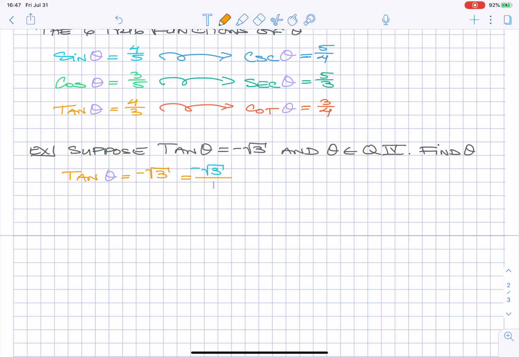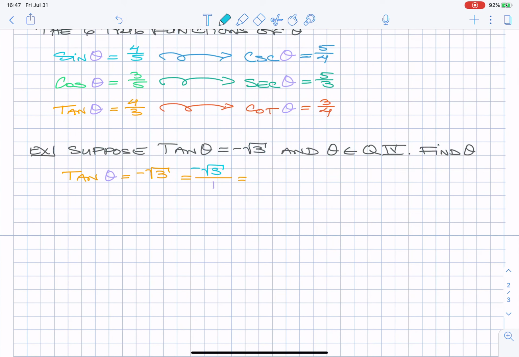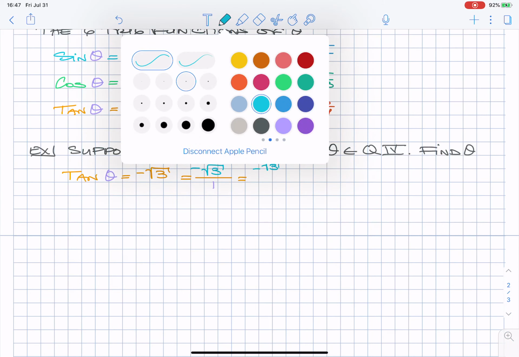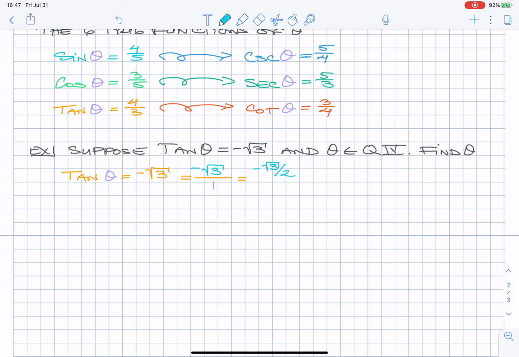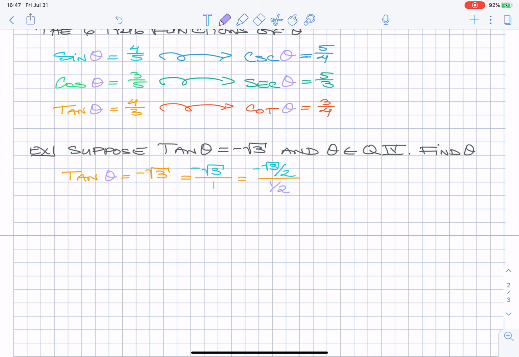But I also know on the unit circle that the root 3 and the 1 are usually divided by 2. So negative root 3 divided by 2 all over 1 divided by 2. Note that that's equivalent, because whatever I've done to the numerator, I've done to the denominator. The 2's would reduce.